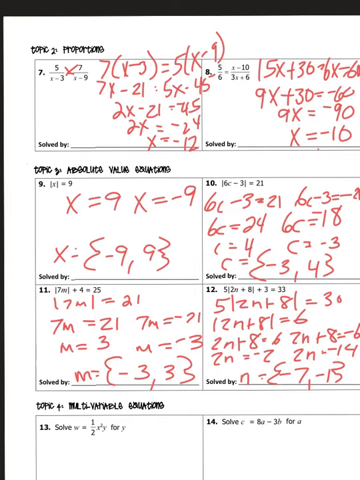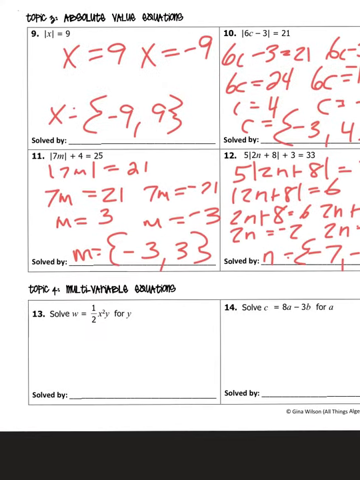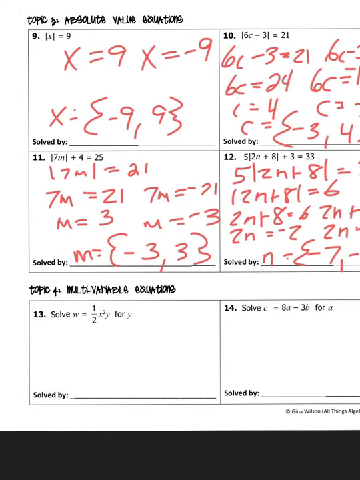All right. Last two equations, literal equations, which can literally be scary for a lot of people, but don't be afraid. Solve w equals 1/2 x squared y for y. All right, so I need to get rid of everything that's on the same side as y. Okay, how do I get rid of a fraction that's being multiplied? Well, I multiply by the reciprocal.